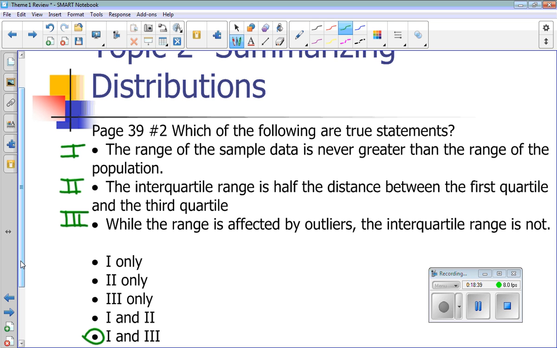The interquartile range is half the distance between the first quartile and the third quartile. It's not half of it, it's the entire distance. So the word half is what makes that wrong. But everything else is correct for 1 and 3. Fair enough? Okay. Next question.